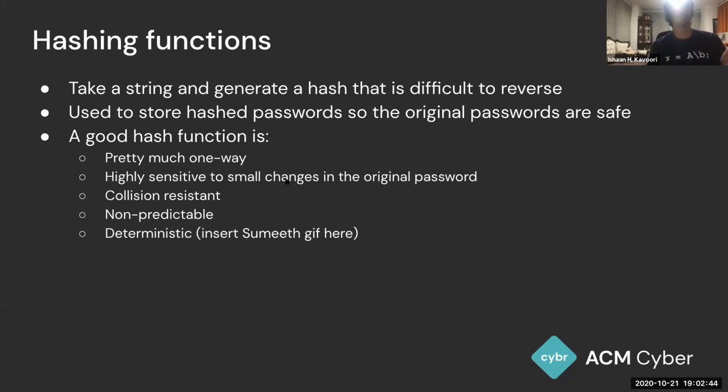Non-predictable, again, tying into being highly sensitive to small changes. You can't predict what the new hash will be just by changing the original password unless you actually calculate it. And deterministic. So you keep using the same text and you keep getting the same hash out.